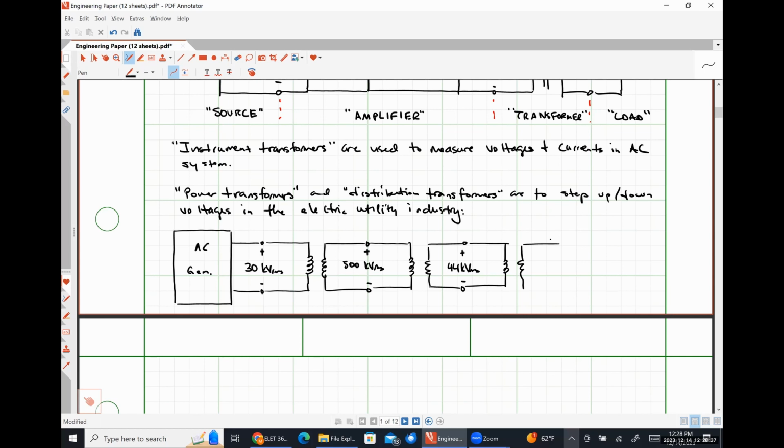Around here, I think we actually use 13.5 kilovolts. And then finally, that voltage is stepped down one last time to the 120 volts that we use at our house.